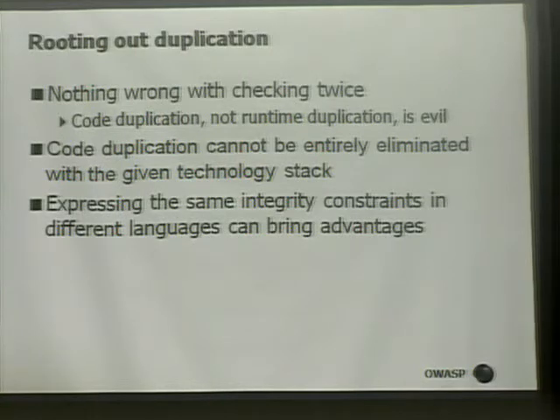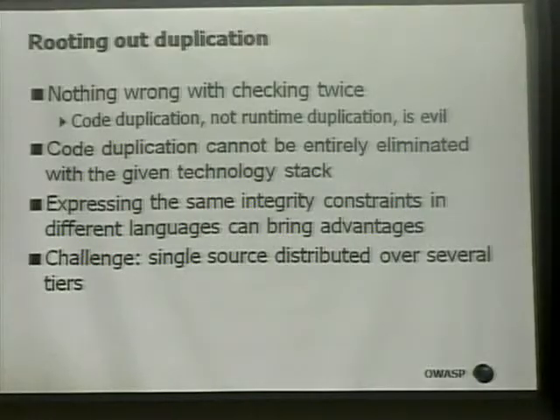Now, as a consolation, I can say that we express the same integrity constraint in several formalisms, which is the reason why we still have that duplication, because we're forced to express it in two different formalisms. But you could make an argument that at development time, it helps you cover the whole range of validation that needs to be done by expressing it in different formalisms. So that can bring you some advantages.